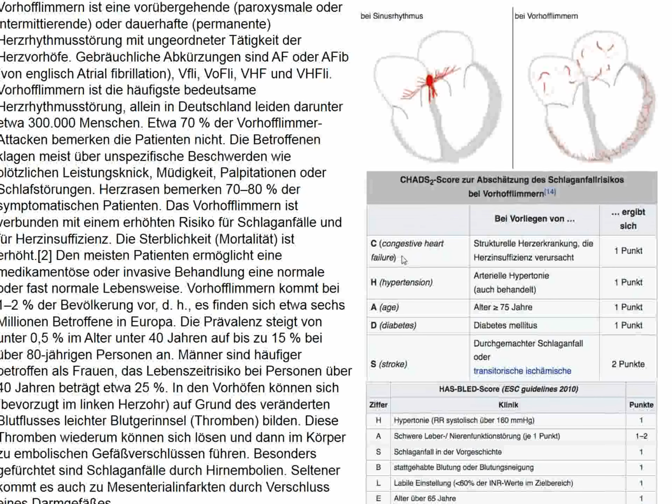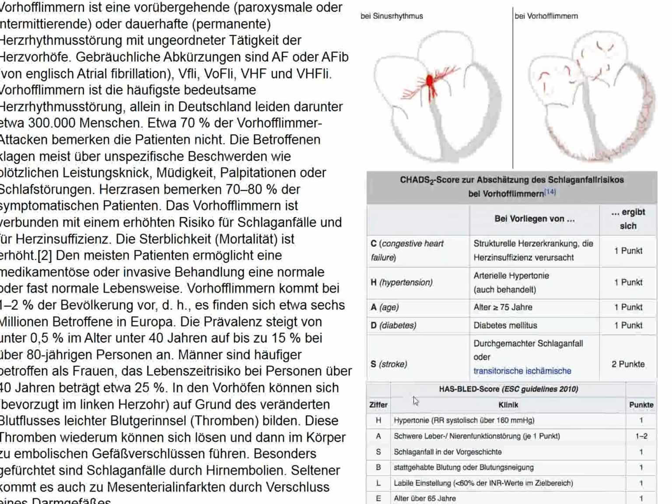And there's a scale for estimating the risk of stroke for patients with atrial fibrillation, abbreviated the CHADS scale: congestive heart failure, hypertension, age, diabetes, and a history of previous stroke.